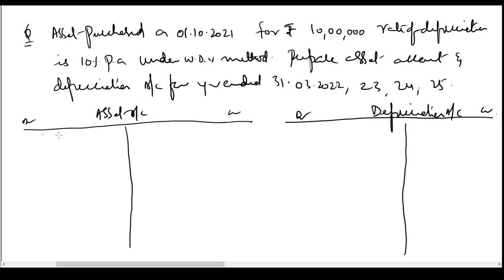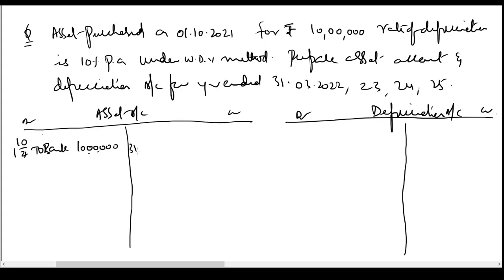So asset was purchased on 1st October 21 for rupees 10 lakhs. So on 1st October 21, I'll pass the entry asset account to bank. I have debited the asset account with 10 lakh rupees. The rate of depreciation is 10% per annum under WDV method.